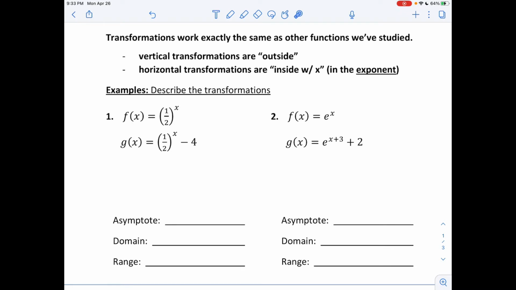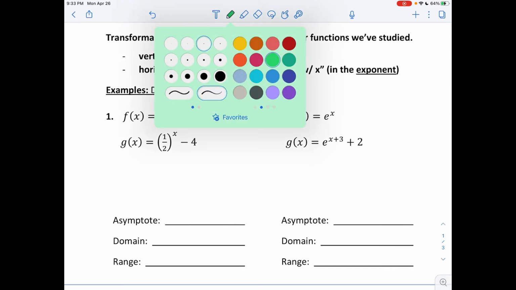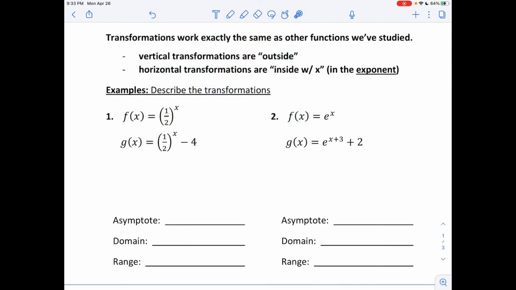So let's take a look at our first one. We are starting with f of x is equal to 1/2 raised to the x power. I want to identify in g of x anything that is different from that, and I see that the only thing that is different is we've tacked on a -4 at the end.